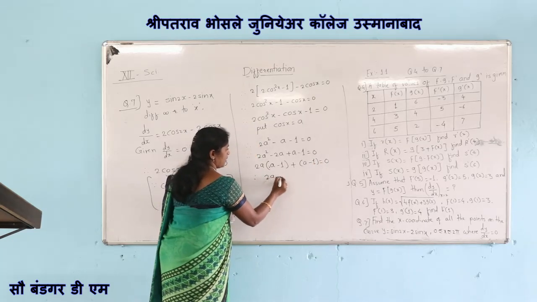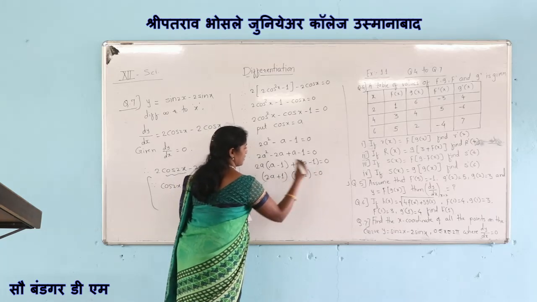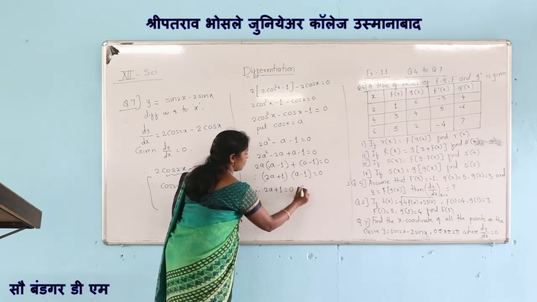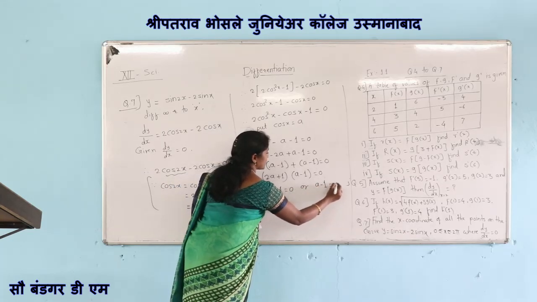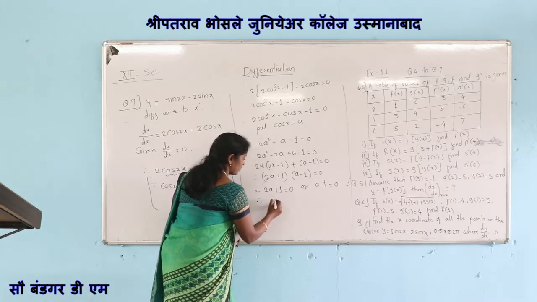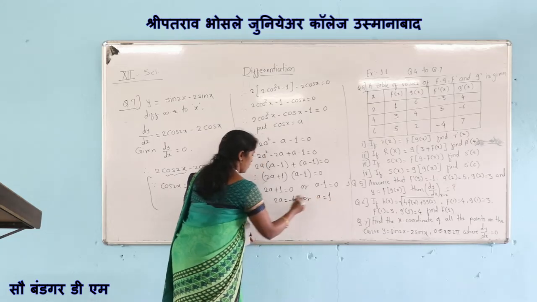So (2a plus 1)(a minus 1) is equal to 0, which gives 2a plus 1 is equal to 0 or a minus 1 is equal to 0. On solving we get 2a is equal to minus 1 or a is equal to 1.